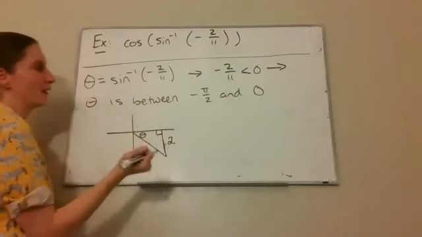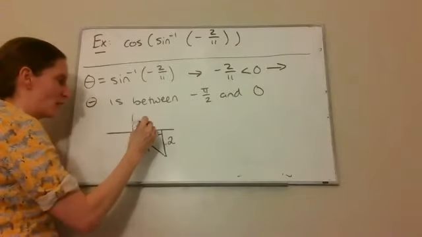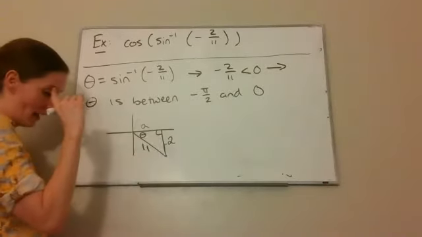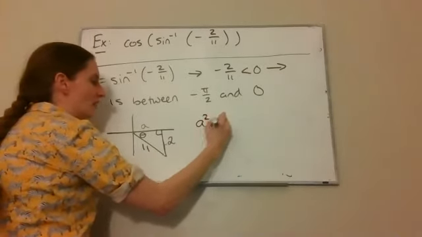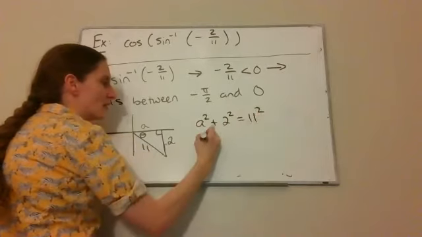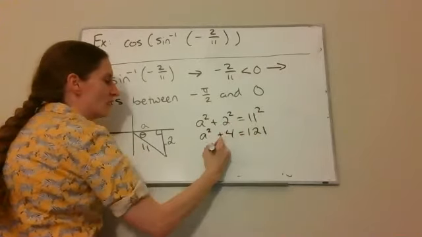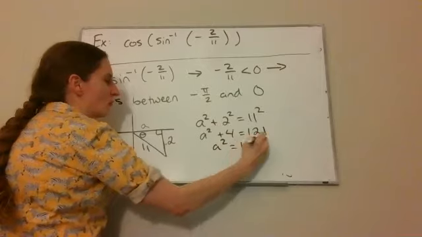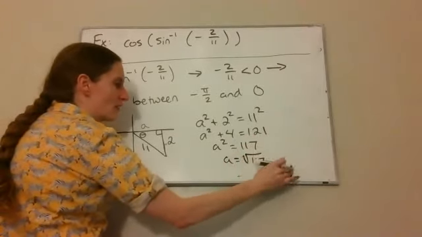It's negative because it's going down. Hypotenuse is 11, and we can find this other value, I'll just call it A, up there. A squared plus 2 squared is 11 squared. A squared plus 4 is 121. A squared is 117. So A is the square root of 117.